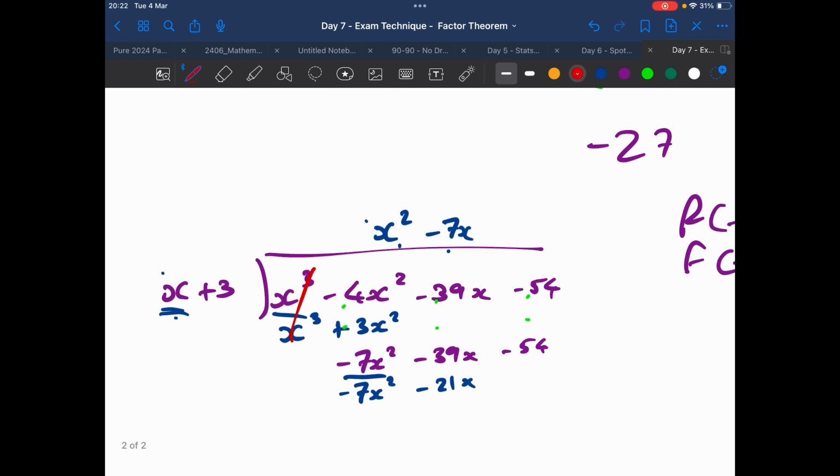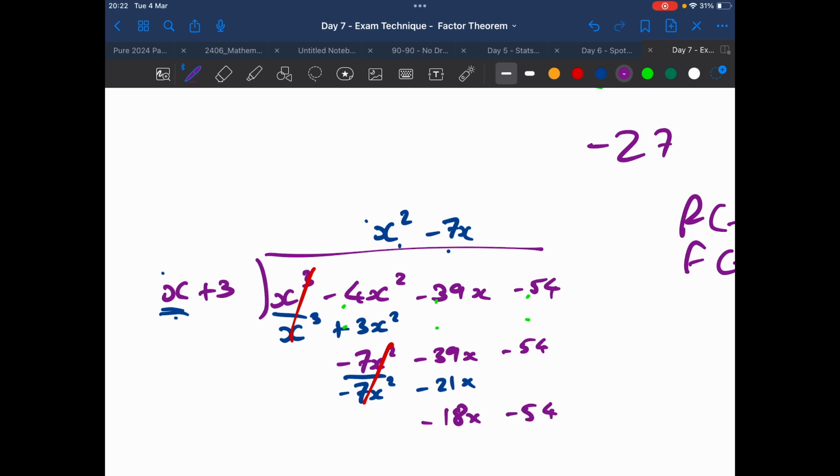These should cancel. Minus 39, watch out for the double negatives here. Minus 21 gives me minus, how were we writing it before? We did it in purple. Let's do it in purple again. So this gives us a minus 18x minus 54.